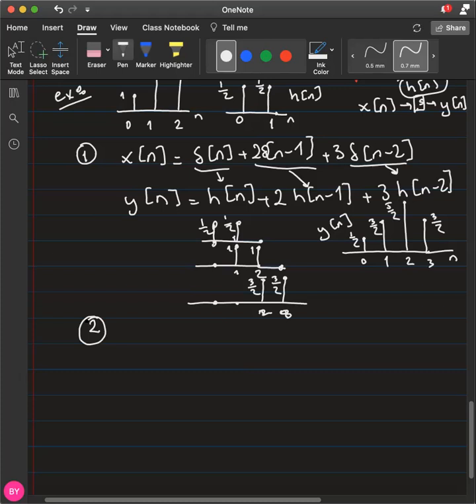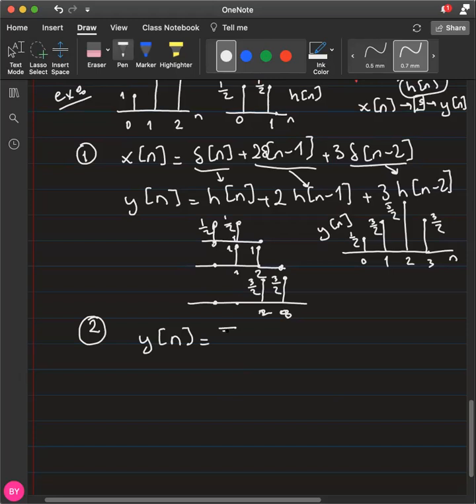This is the convolution sum that you will use more commonly than the previous case, because if I have a more complex input and more complex h of n, it will be very difficult to do all this shifting, multiplying, and addition. Okay, so now I want you to focus on this part, and this is the main focus of this video actually.